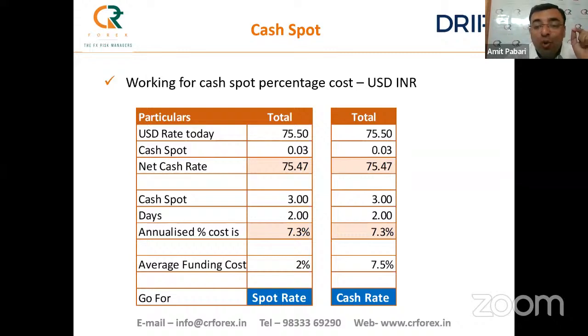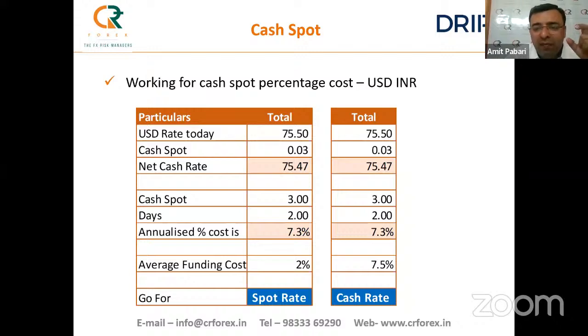First, check what cash pot the bank is giving you. Suppose the bank is giving you a cash pot of 4 paisa, that is nothing but the interest for 4 days, or 2 days, depending on how many days are coming in between. If it is Friday it will be 4 days, if it is Monday it will be 2 days.